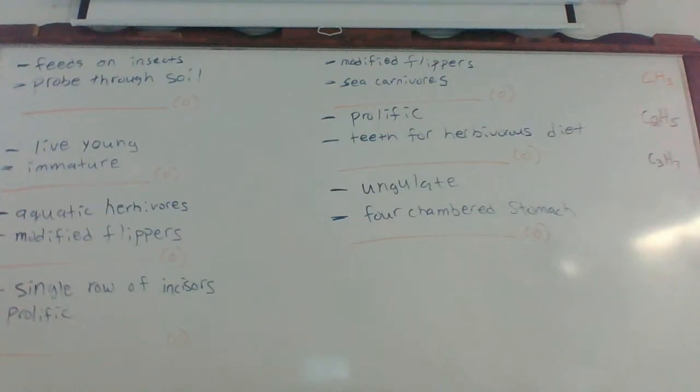And if we're talking about toes on a foot, we're talking about an ungulate because they have a hoof. So, which order is that? Artiodactyla or Perissodactyla? Perissodactyla, because there's an odd number of toes on their foot. And it's a hooved mammal. Okay?